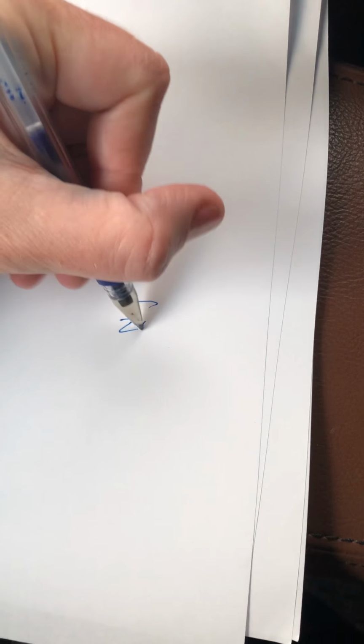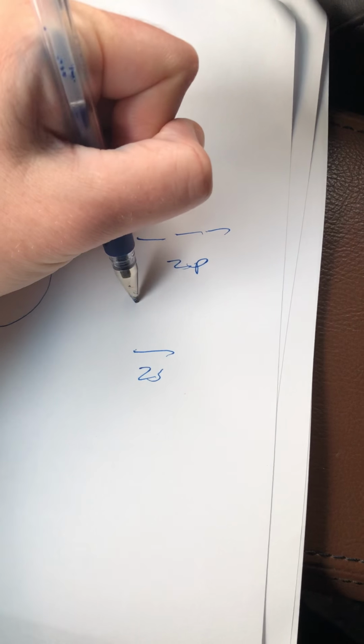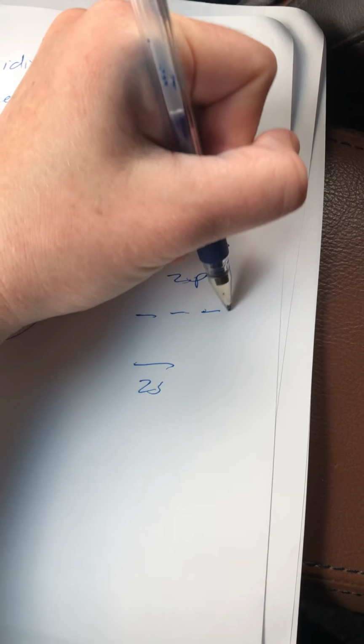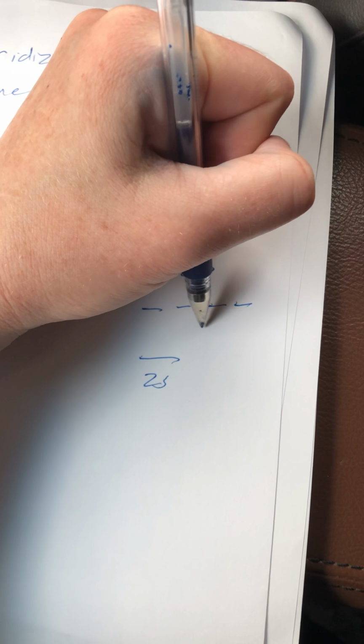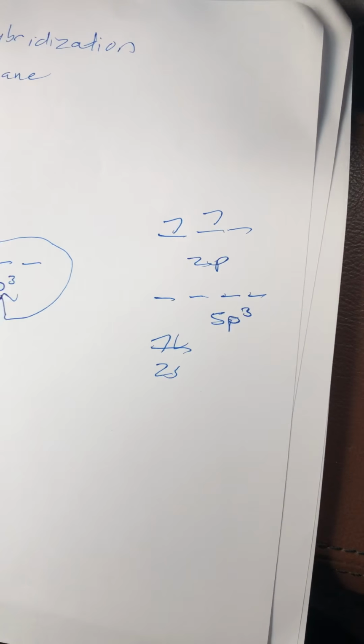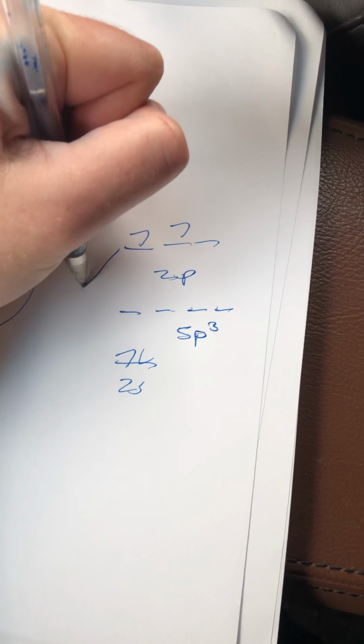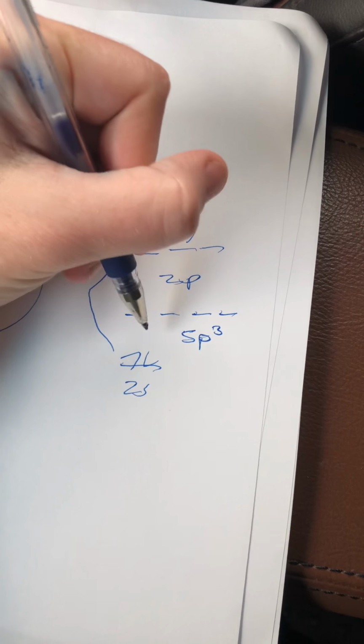I'll go over here and redo it. So we have, again, a 2s and a 2p, and then in between here, in terms of energy level, we have the sp3. So this one again had 2, and this one had also 2. And when you mix them together, you're just going to fill out these ones. Essentially, they mix together, and they form this thing.